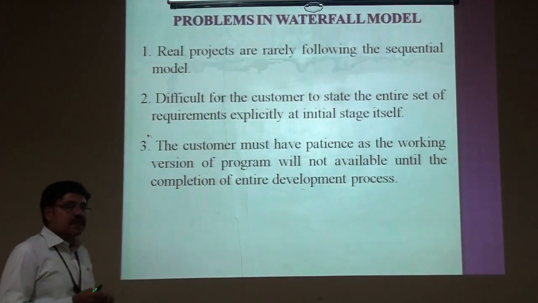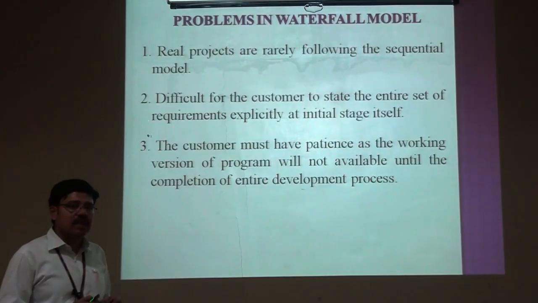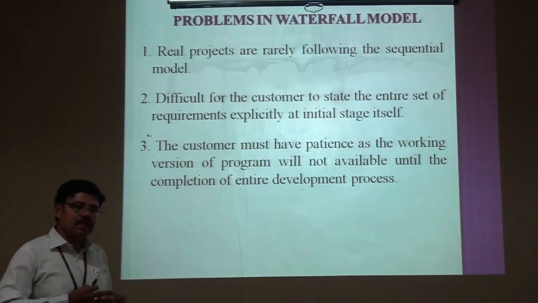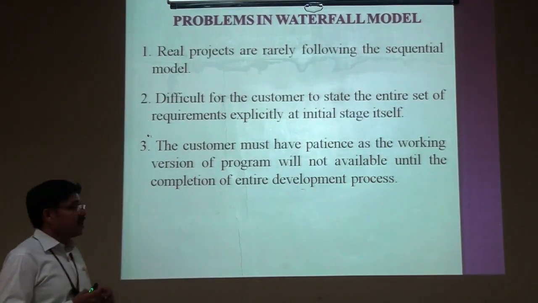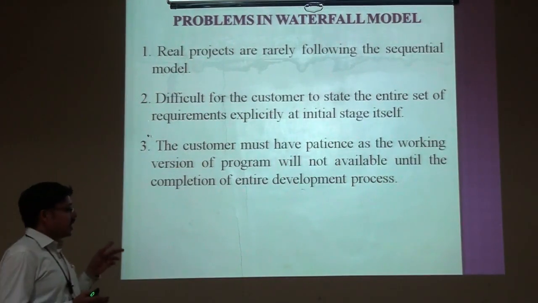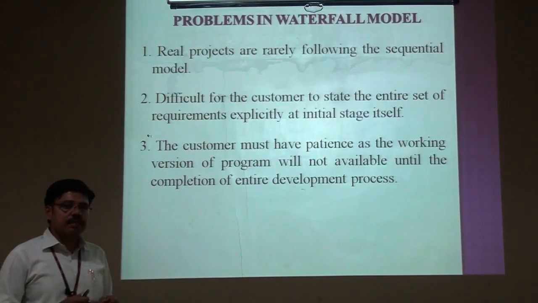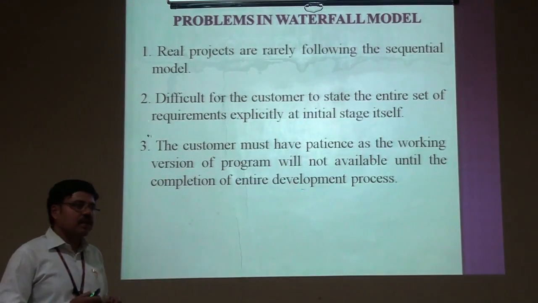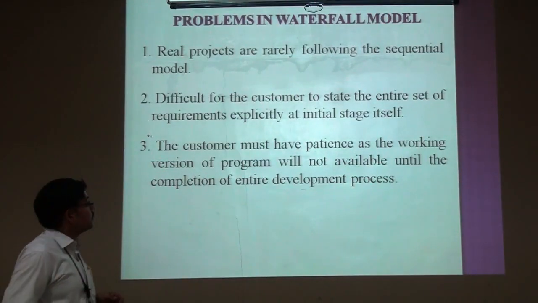The problem with the waterfall model is that real projects rarely follow this process model, because it has to follow each and every activity in a linear manner. It is very difficult for the customer to mention all the requirements at the initial stage itself. The customer must have enough patience to sit idle till the process has been completed and they come out with the quality product. Only when the project development is completed will they get the software product.